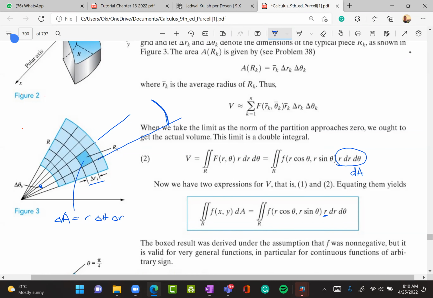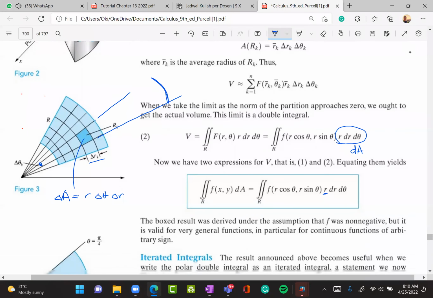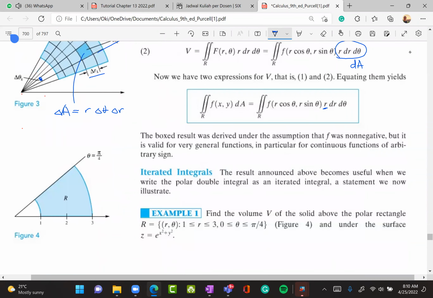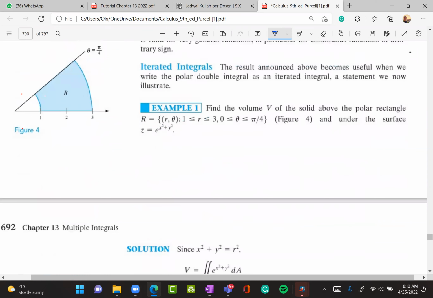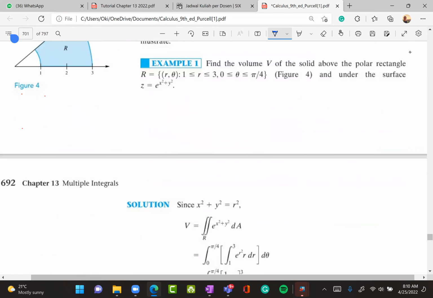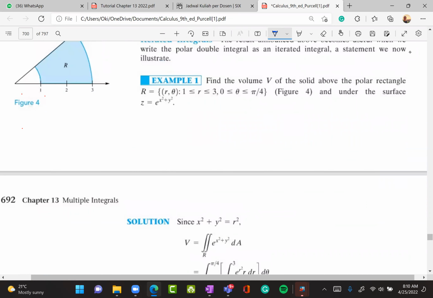There's no difference in terms of the region, same R, only the expressions are different. This is the one that I mentioned earlier.